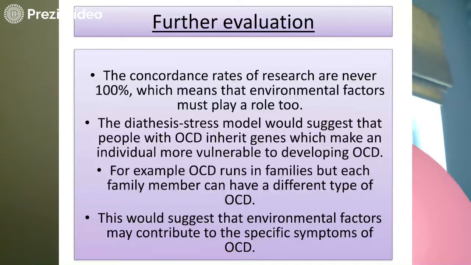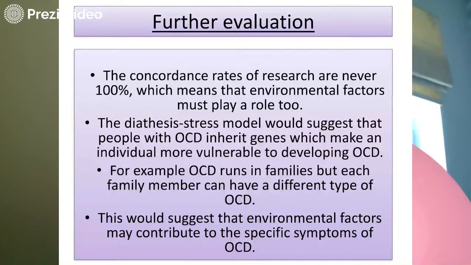A good explanation could be the Diathesis-Stress Model. So this would suggest that someone with OCD inherits genes or low levels of serotonin, and this could make them more vulnerable to OCD. But it could be that they have to experience something in the environment that would trigger that OCD, and therefore the environment links with their biology because they're more vulnerable if something particular happens in their environment.